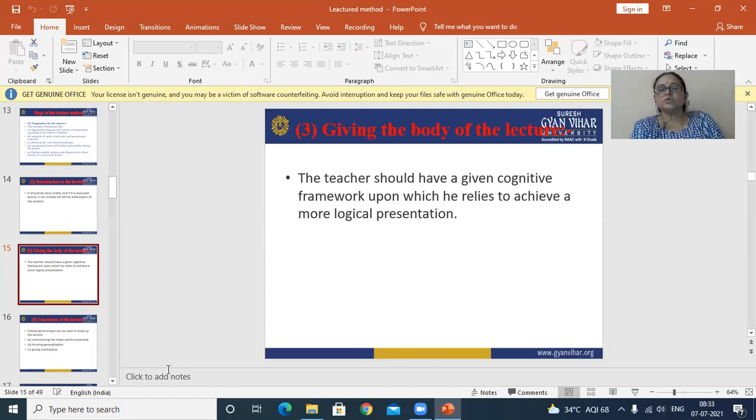So, arrange your lecture in a logical way according to the student, according to your subject matter, according to the quality and ability of teacher.